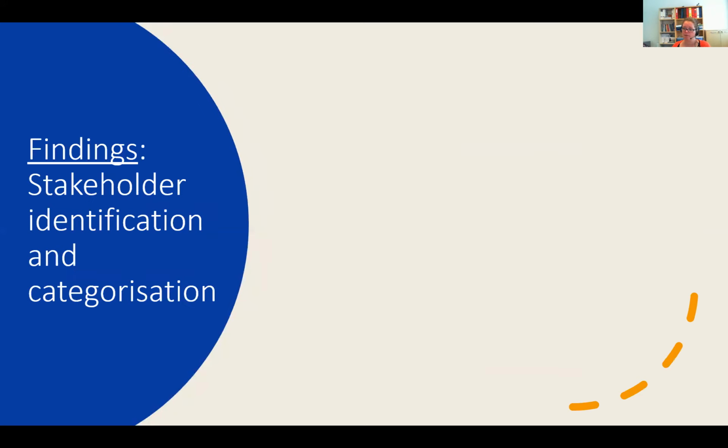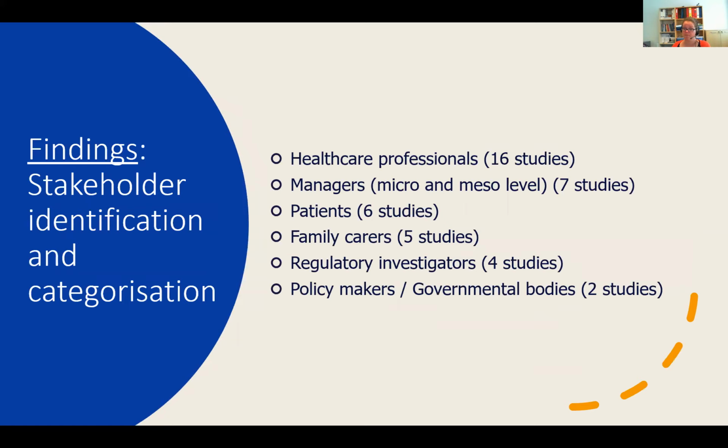What are the findings so far? Well, the groups of stakeholders look like this. Six groups, quite low detail in these groups. So one of the challenges in this part of the analysis is what level of detail or abstraction to use.